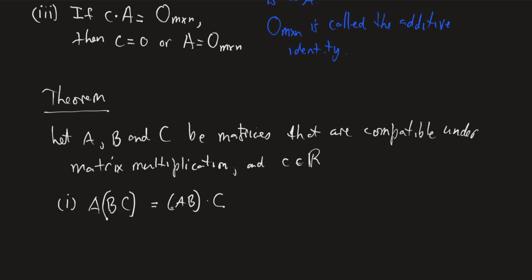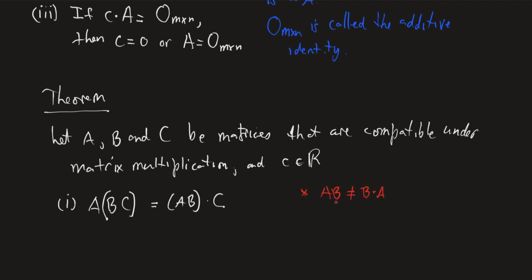In fact, let me make a note, and we saw this in the previous video, that A times B is not necessarily equal to B times A. So again, this is not a property of matrix multiplication.